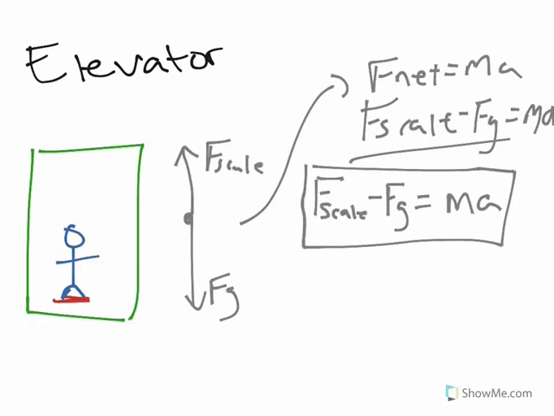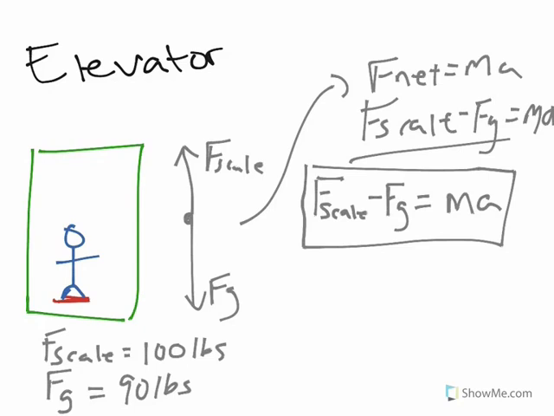Now, a little note on conversions. If you get it into pounds, like let's say that your force of the scale is 100 pounds, and your force of gravity is given in pounds too, let's say that's 90. Okay, you're going to have to make two conversions with these. If they give you the weight or the force of gravity to find the mass, you're going to take the weight and divide it by 9.8, and that'll give you the mass.